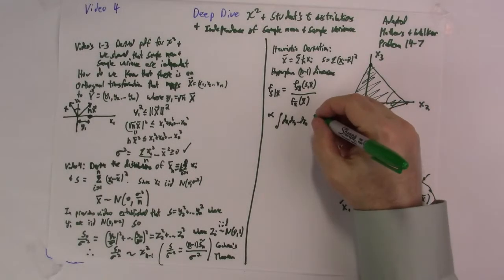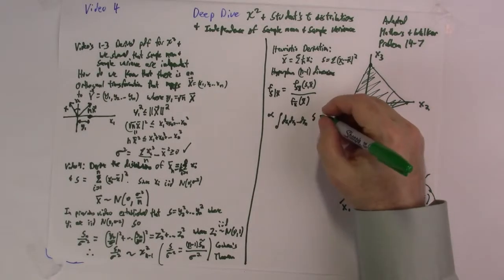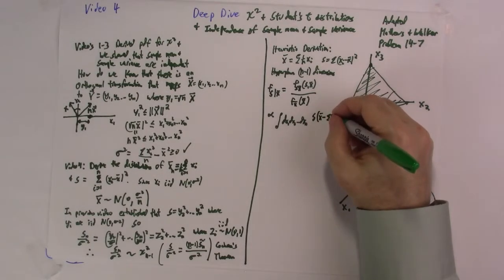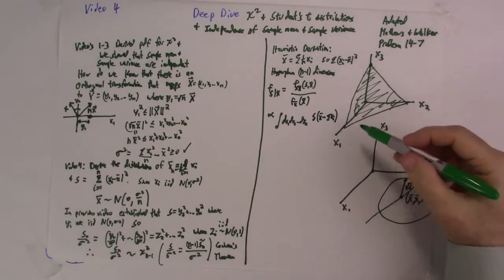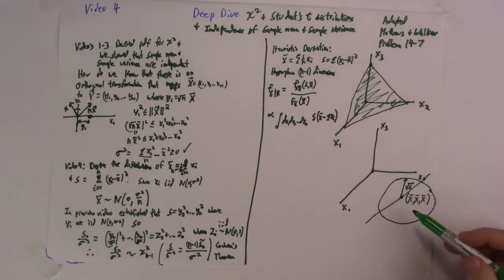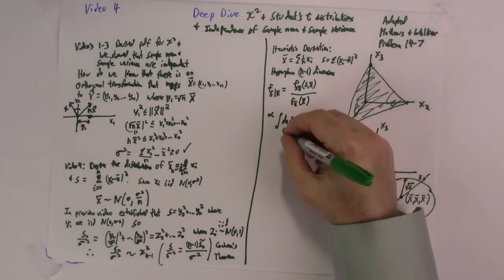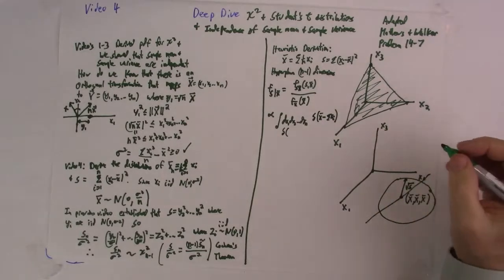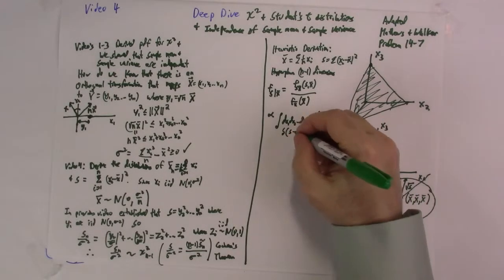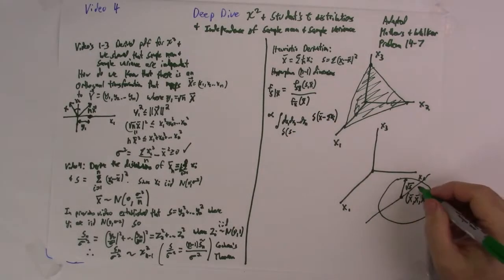So we would have a delta of x bar minus the sum of xi over n. This is a delta function which enforces that we're on the hyperplane, and we'd also have a delta function that would enforce that we're on the sample variance value, that we're on this sphere.